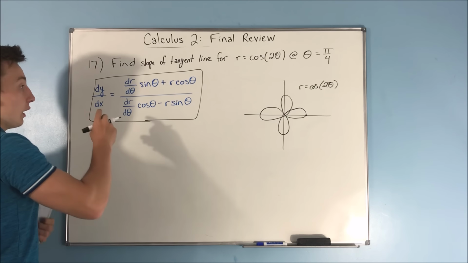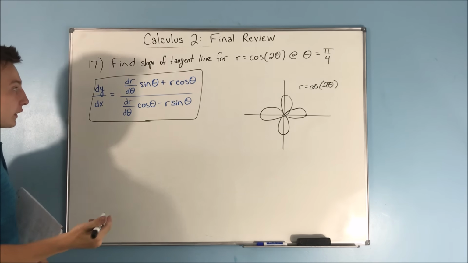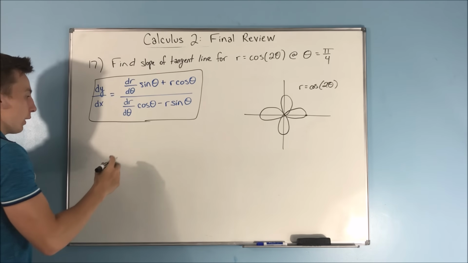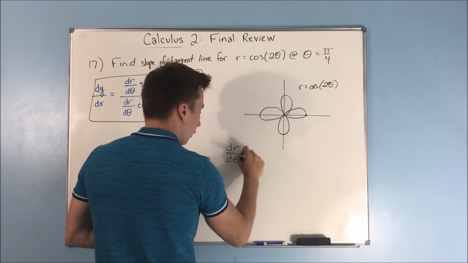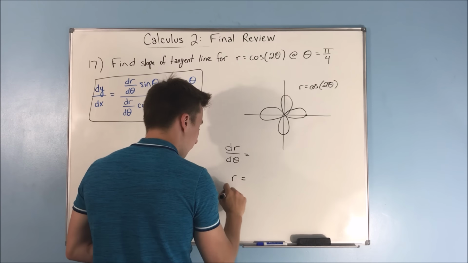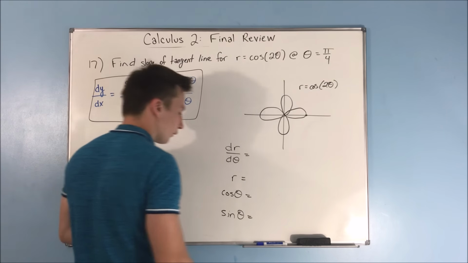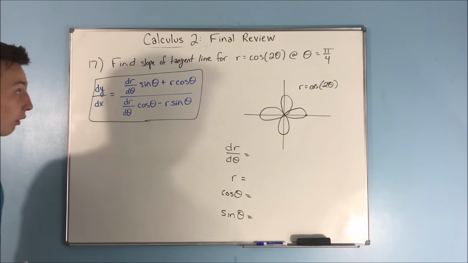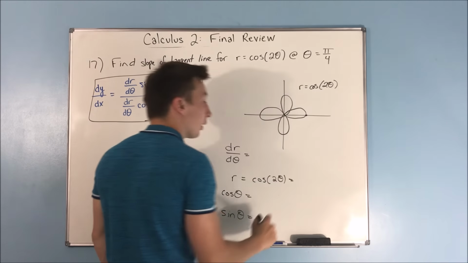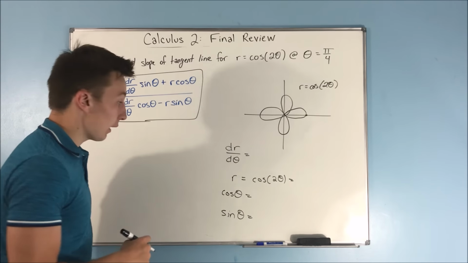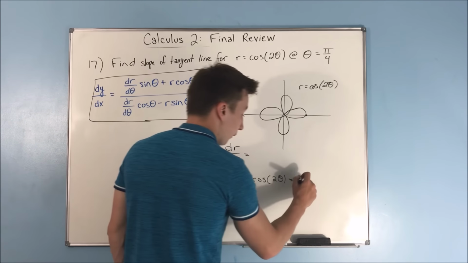Now what we need to do is solve for 4 things here: dr/d theta, r, cosine theta, and sine theta. Now r, we know that's cosine of 2 theta, but plug in pi over 4. You get cosine of pi over 2, which is 0.